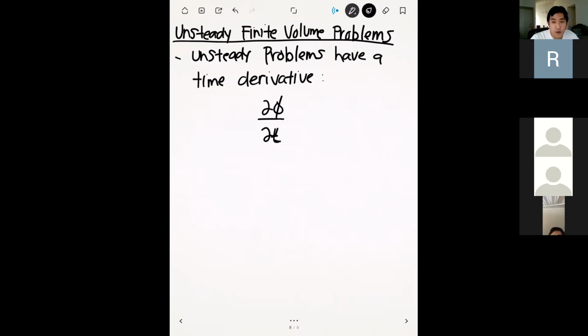If you look at the governing equation for the final project, you can see the first term that we have there is a d phi dt, meaning that we have an unsteady term.